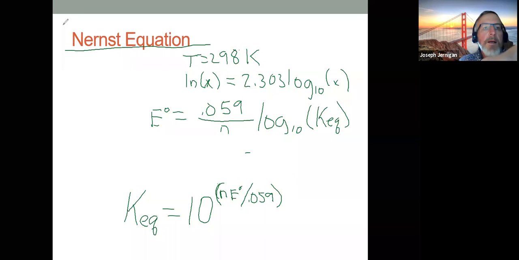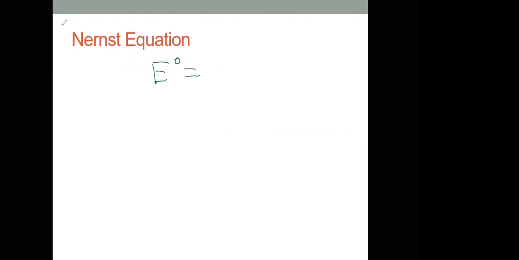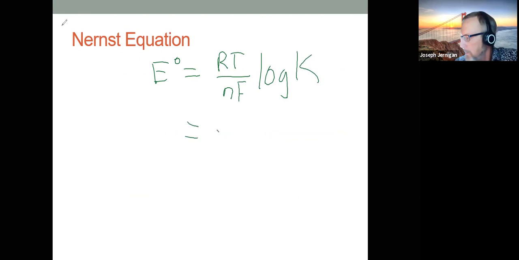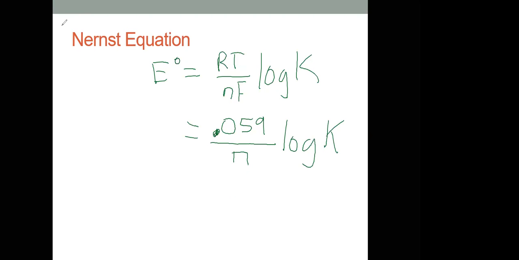But not to get too wrapped up in the different manipulations, just remember E0 is equal to RT over NF ln K, which is also equal to 0.059 volts over N log K. And I made one boo-boo.